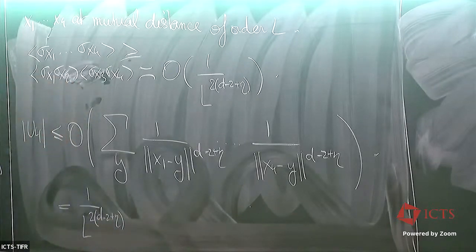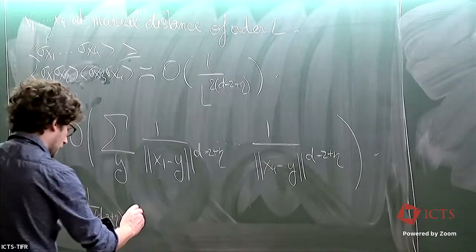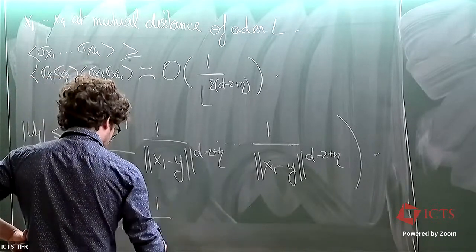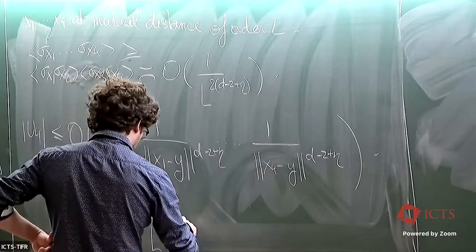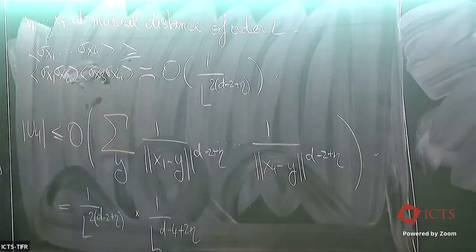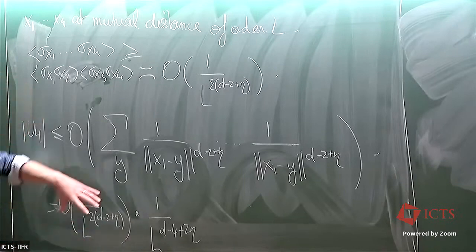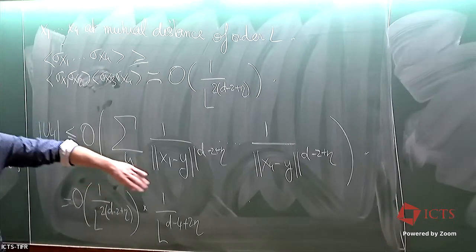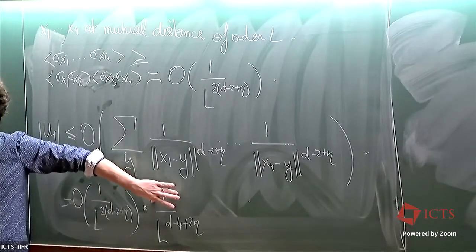That's what you wanted. But what you further get is a 1 over L to the d minus 4, and you get a plus 2 eta in this case. But the important thing is that whatever eta larger or equal to 0, you get the order you were looking for times something that is going to 0.